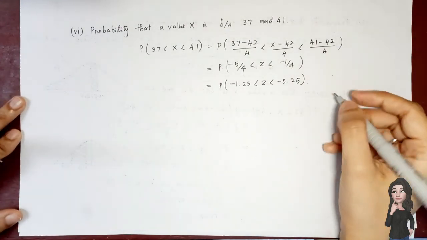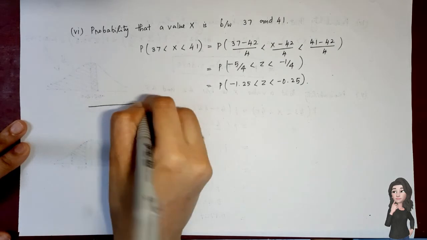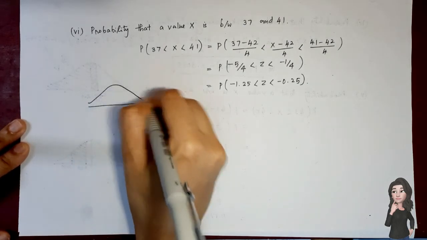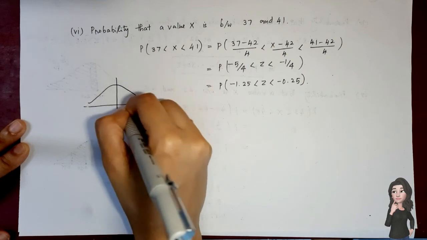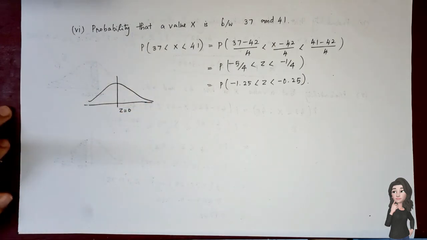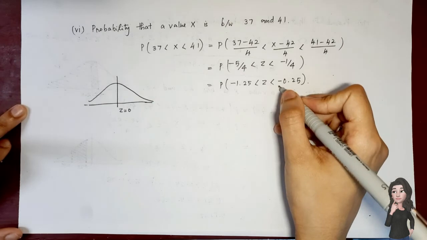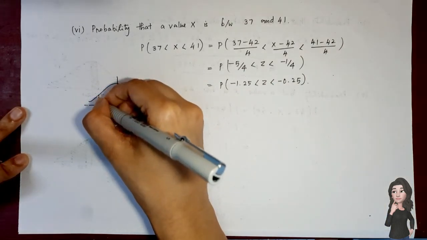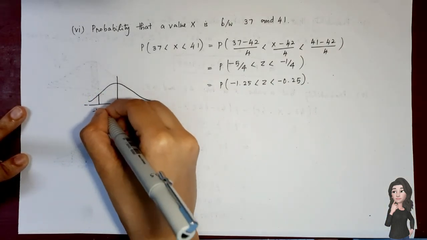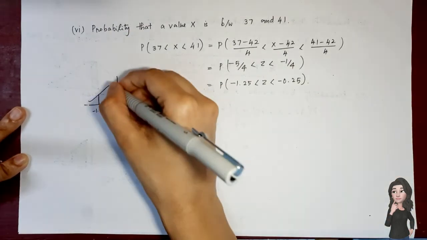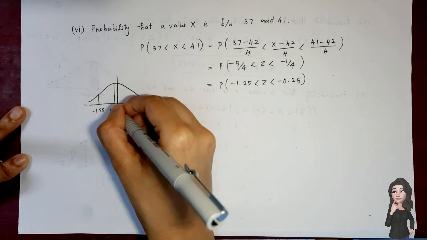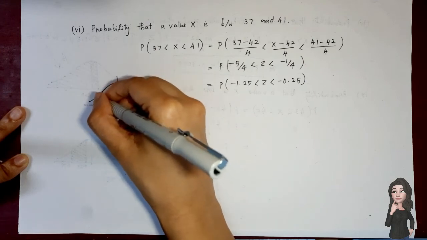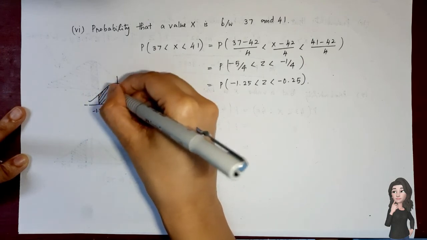So if we draw the standard normal curve, we can mark this area as minus 1.25 and this is minus 0.25. So this is the required area.